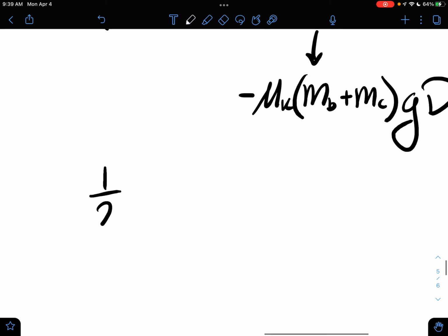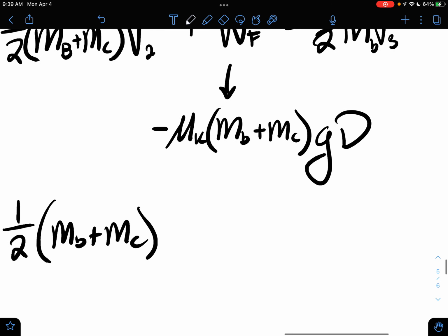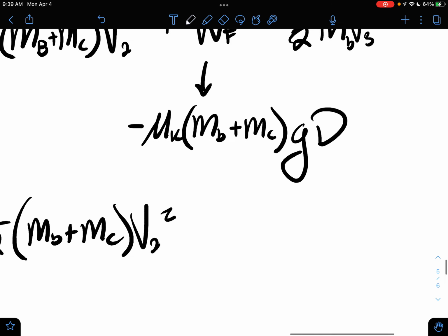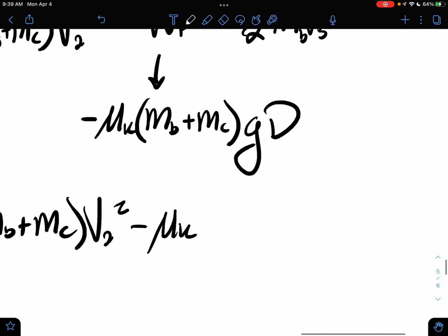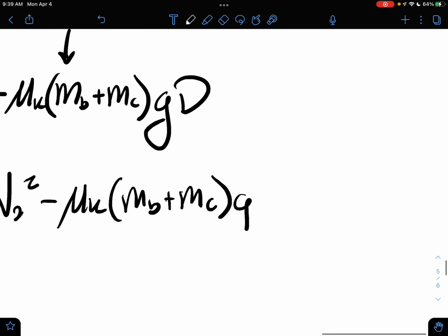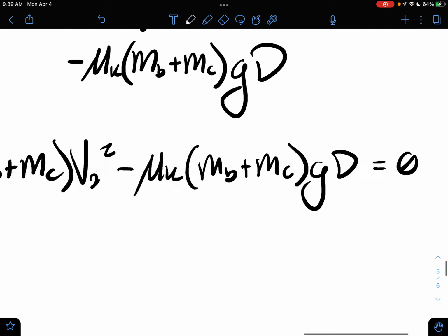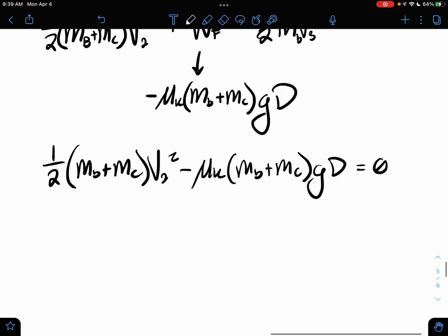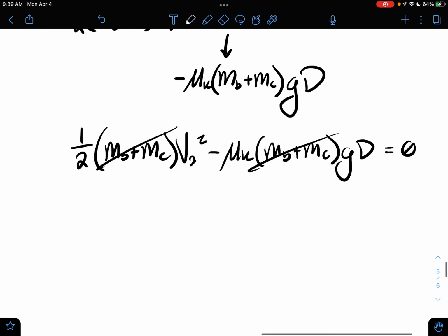So setting this up one more time: (m_B plus m_C) times v_2 squared minus mu_k (m_B plus m_C) g d equals 0. Just as before, lo and behold, our masses cancel out because we can divide them from both terms.